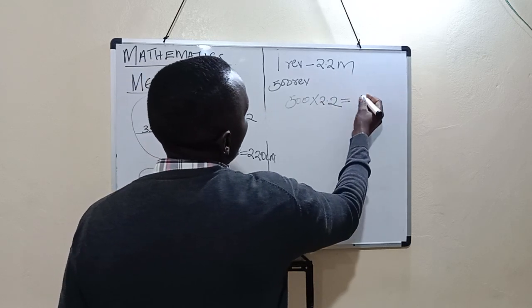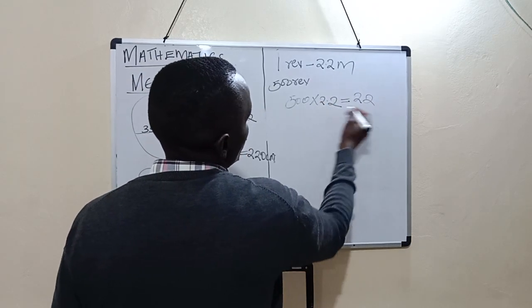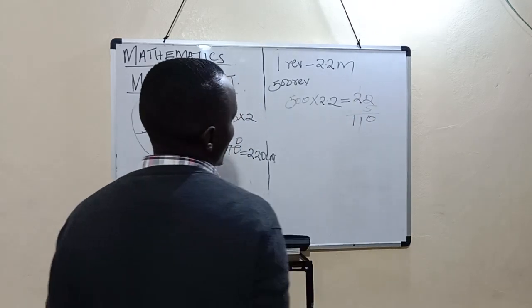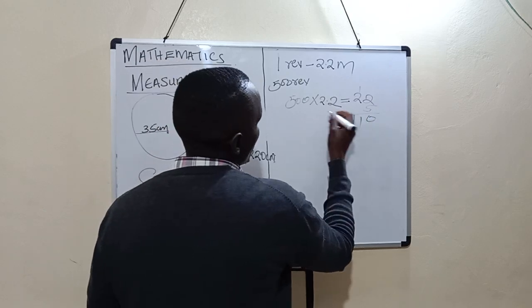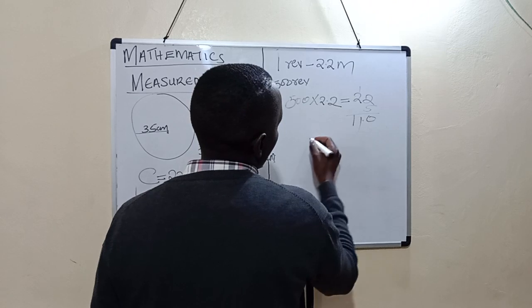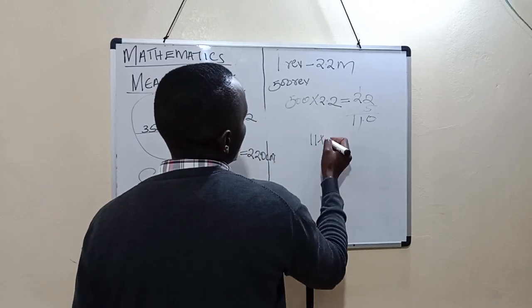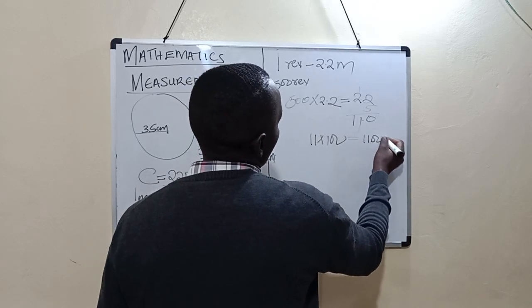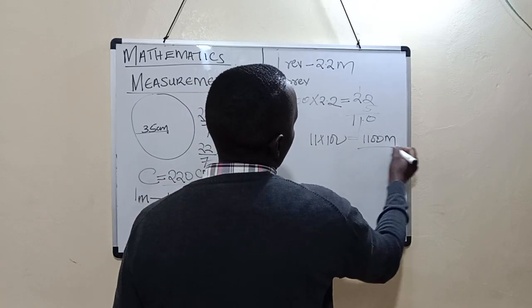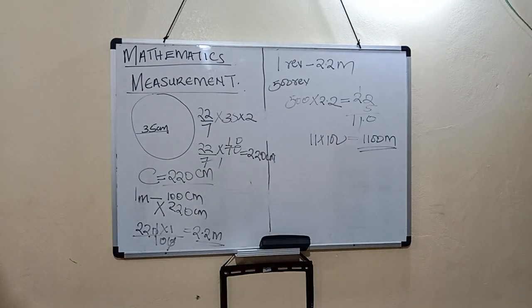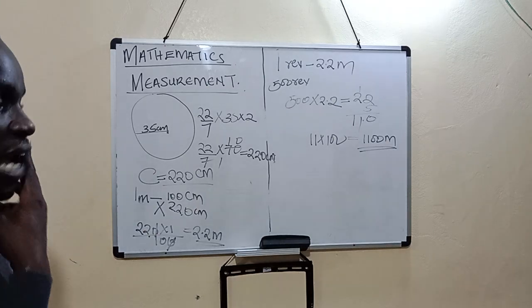You can even choose to take 22 multiplied by 5 to have 110. Then we have one decimal point, which gives 11, multiplied by the 100 we had not included, so you have 1,100 meters. That is the distance it covers.